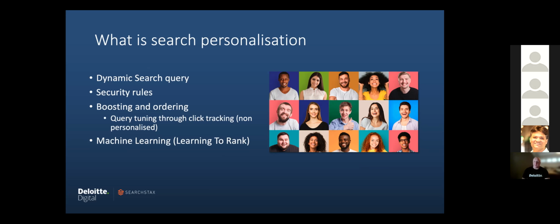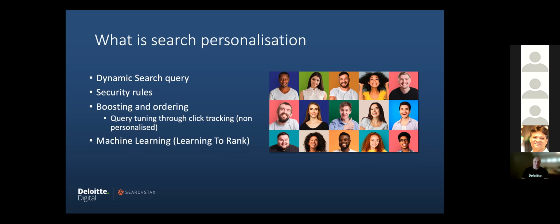Another way that's sometimes considered to be personalization is applying security rules or security filters. So if you've got a set of results and based on your role, you don't want certain users to see certain content, that's, I guess, a type of personalization that a number of search engines allow you to do, and sometimes it's not really supported directly, and you have to kind of build that yourself through different sort of fields and tagging.